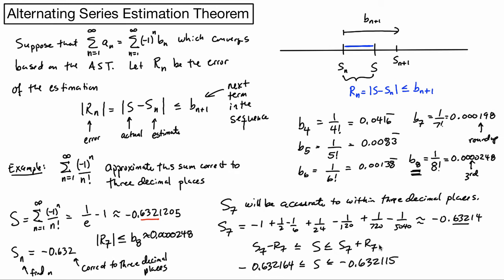So you can see here that even in this interval, I know I'm correct to 3 decimal places because S is trapped between 2 numbers whose third decimal place doesn't change. In fact, I am correct with S7 up to 4 decimal places. So 0.6321 is correct up to 4 decimal places, and you can see right here that that is indeed the case.